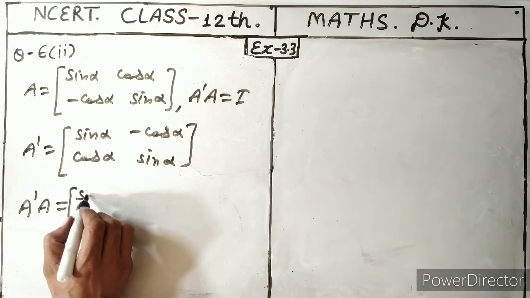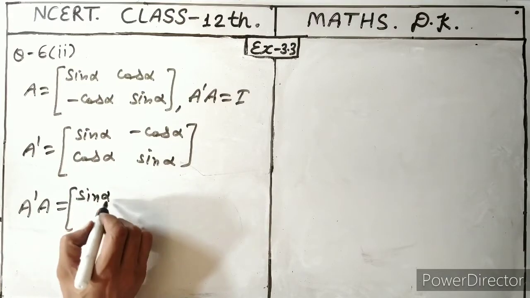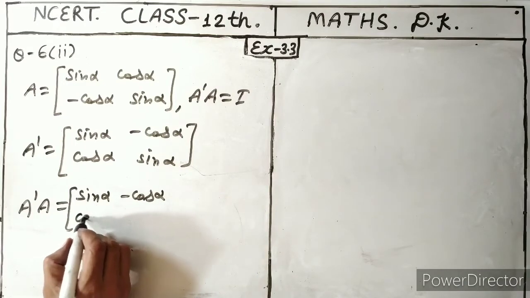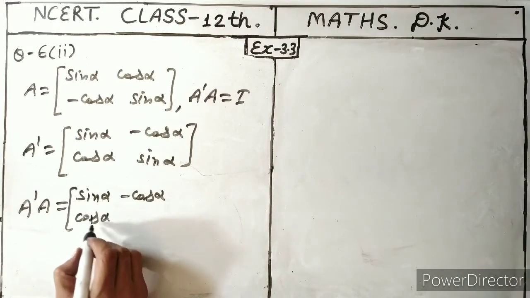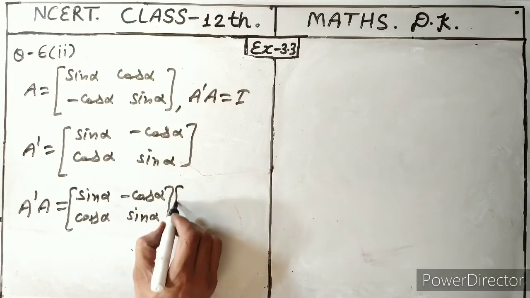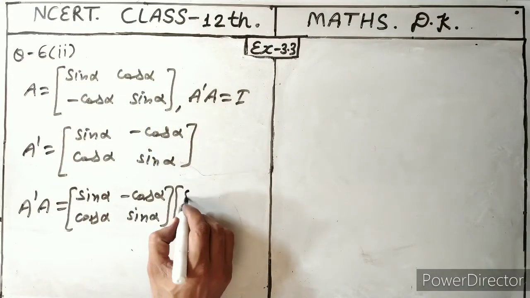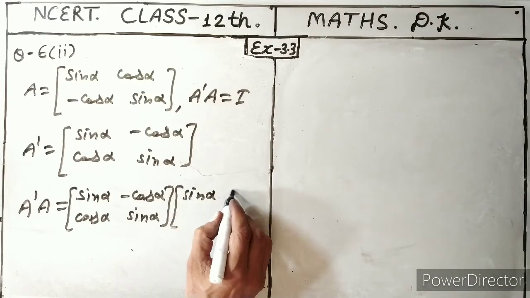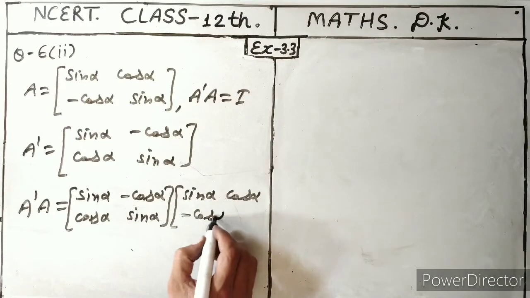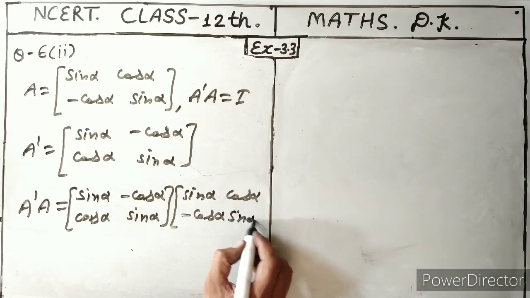Now A transpose and A is: A transpose sin alpha minus cos alpha sin alpha. This is A transpose, and here A is sin alpha cos alpha minus cos alpha sin alpha.